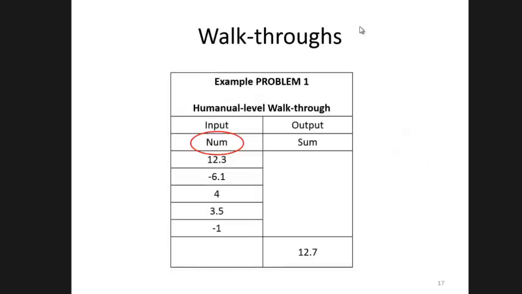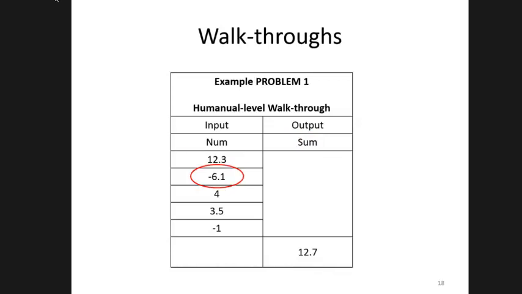You will notice that I just start with the inputs and outputs, and I've assigned variable names to the inputs and outputs. So for this exercise, inputs are the variable num and outputs are the variable sum. I'll have 6 steps for this problem. In the first step, I input the value 12.3.